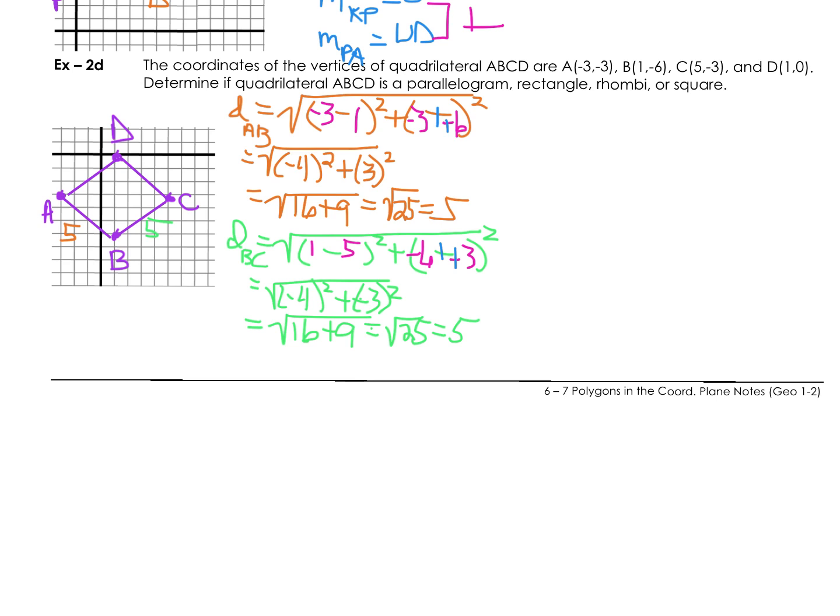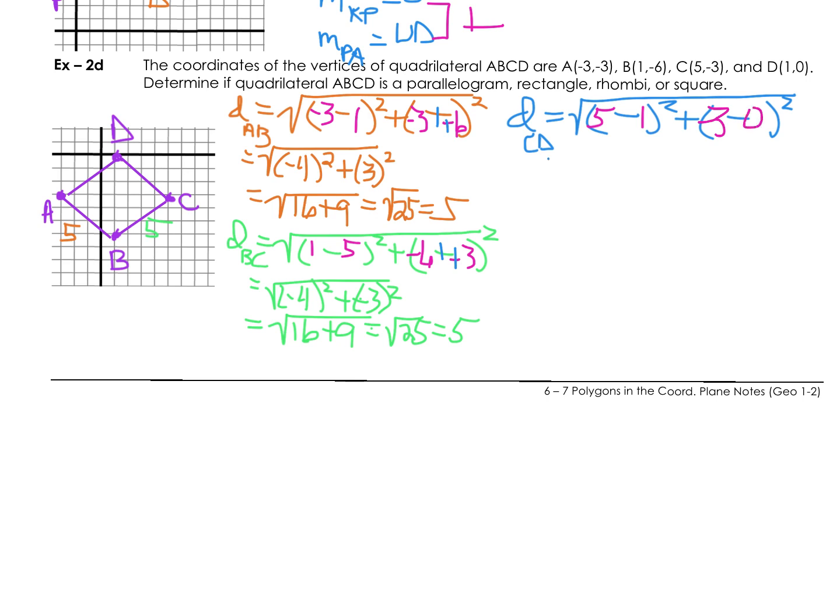Next, we are going to do C to D. So the distance from C to D. Okay, so my x's for C and D are 5 and 1, and my y's from C to D are -3 and 0.